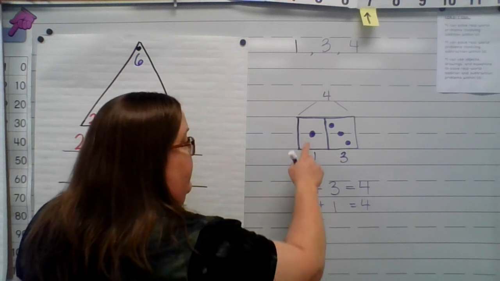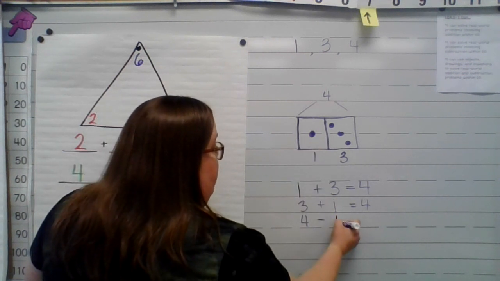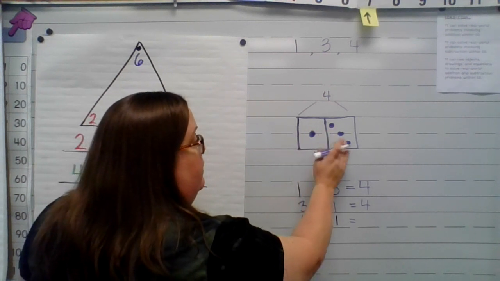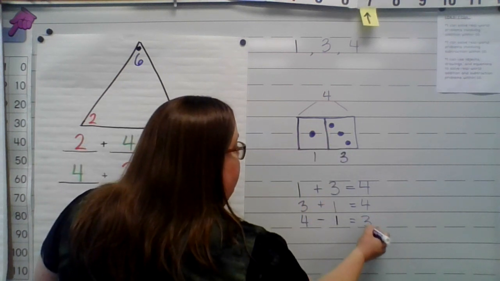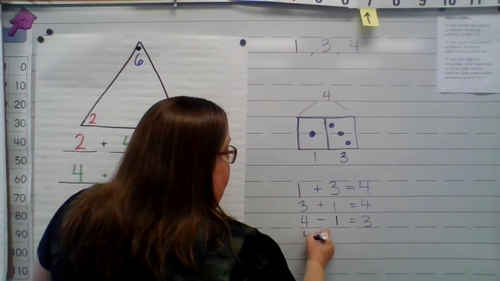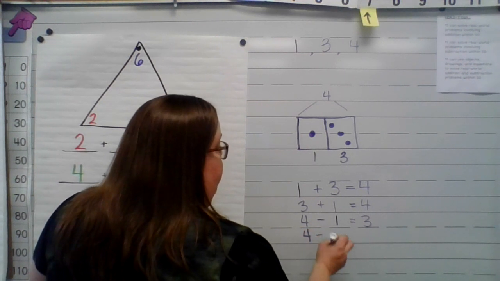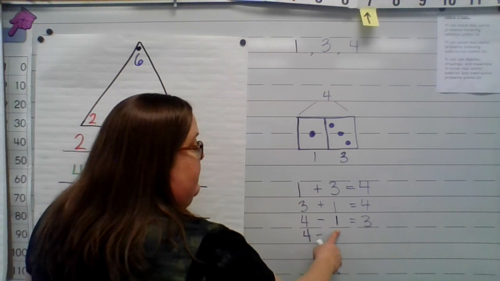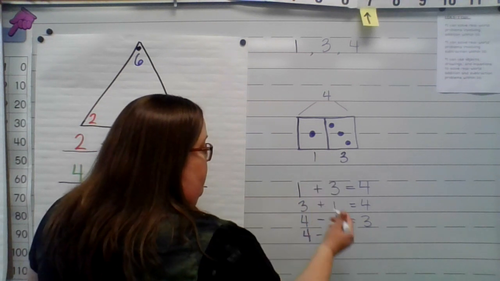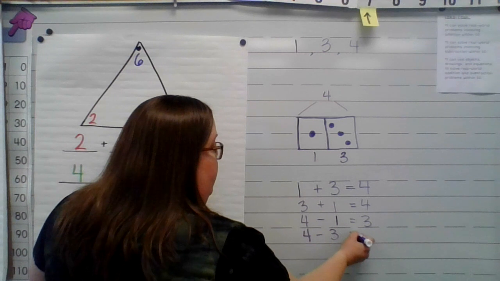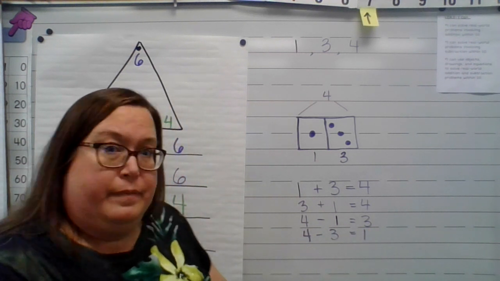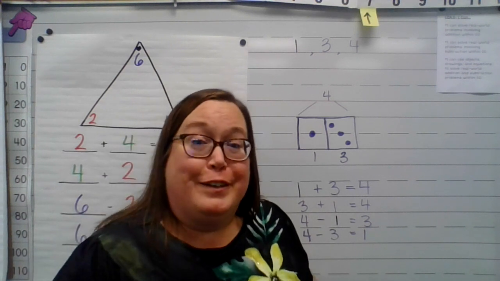And we take away 1. And if we take away 1, that leaves 3. Start with 4, take away, we can't take away 1. We already did that, so we're going to take away the 3 equals 1. Good job, friends.